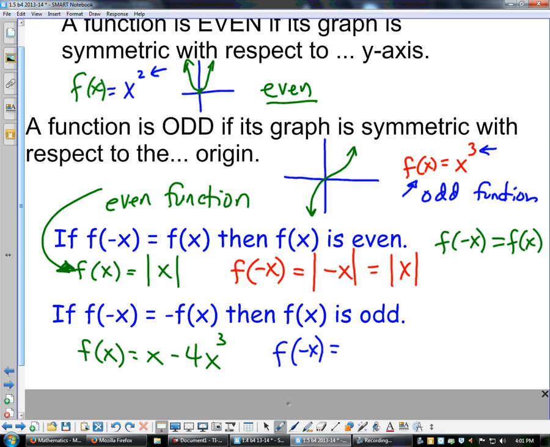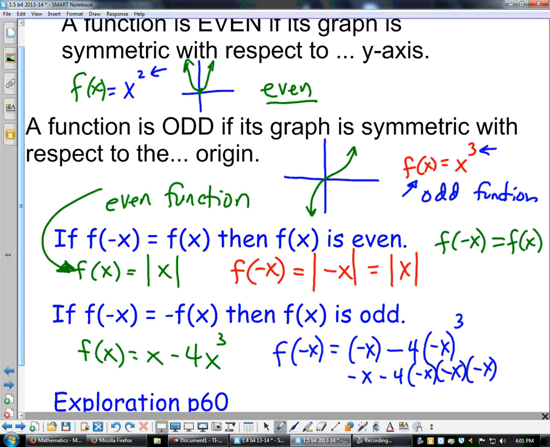So if I want to find f of negative x, that's going to be opposite of x minus 4 times opposite of x quantity cubed. Notice that I've got minus 4 times negative x times negative x times negative x. But that is just going to be equal to negative x minus 4 times opposite of x cubed.